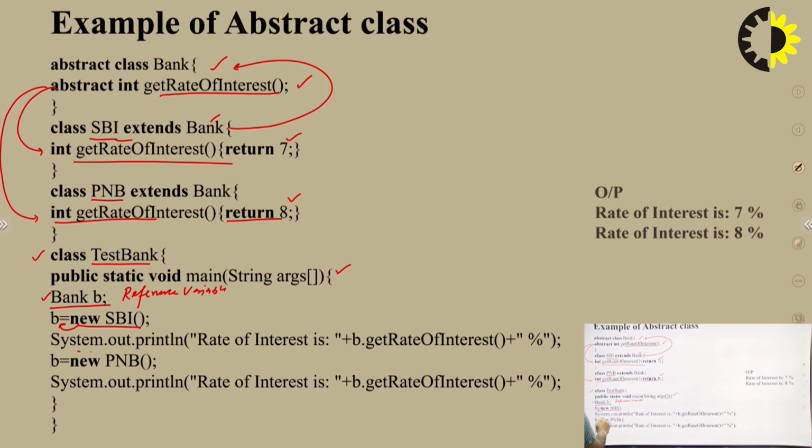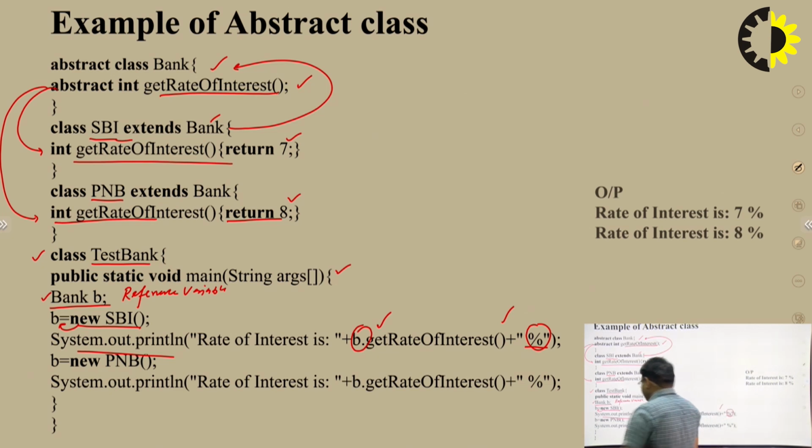To print with System.out.println, we call the method using b dot getRateOfInterest. This is the calling, and we can append the percentage sign after the numeric value, that means 7%, 8%.